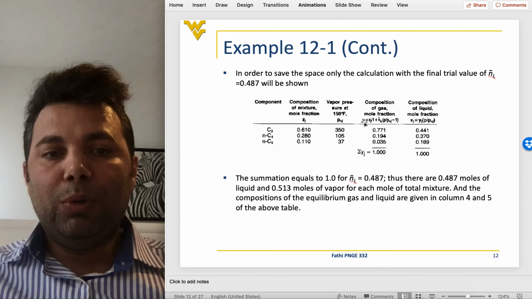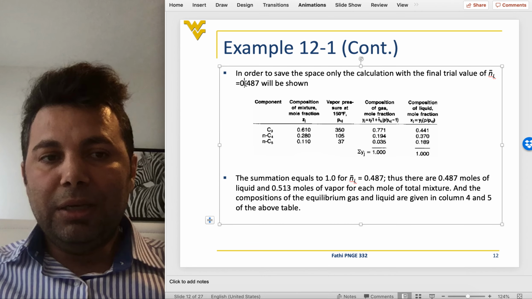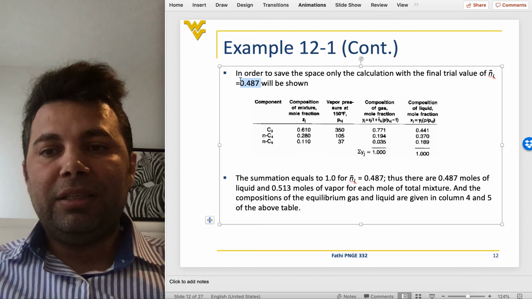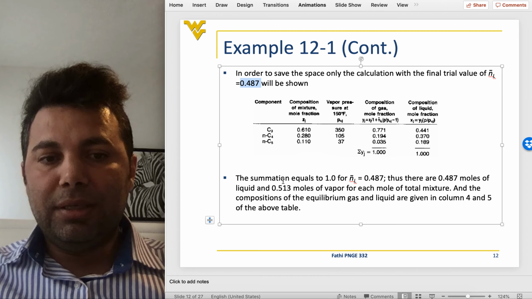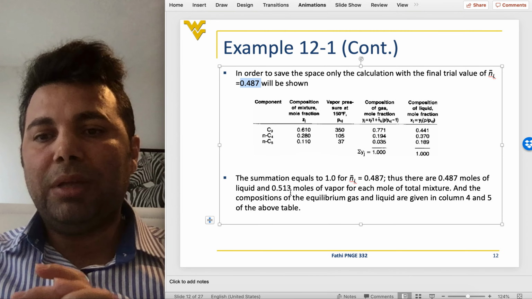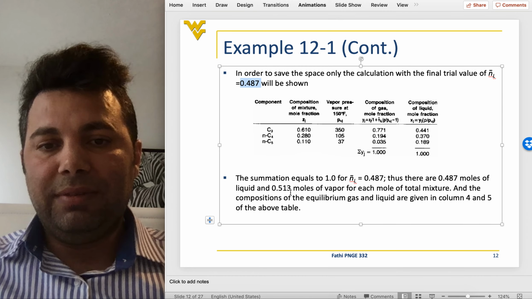So I can have the mole fractions of each component in the gas and in the liquid. The number of moles in the liquid, I just guessed a value, and that's the correct one. So it's 0.487. The number of moles in the gas becomes 1 minus this, so it becomes 0.513. And since I had only 1 mole in the total mixture, that's the correct value.